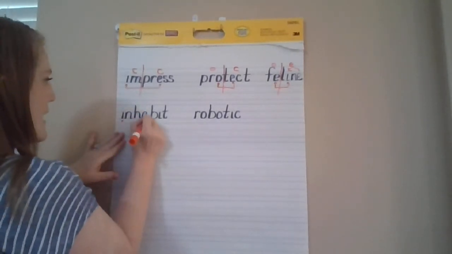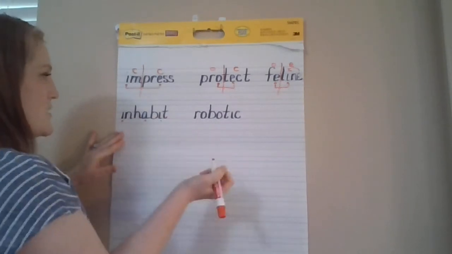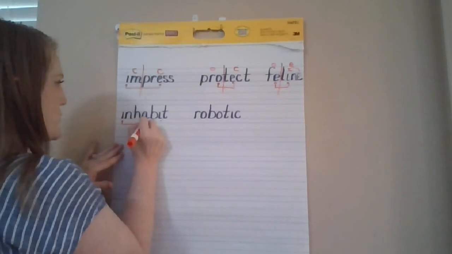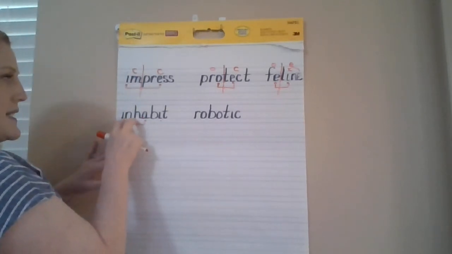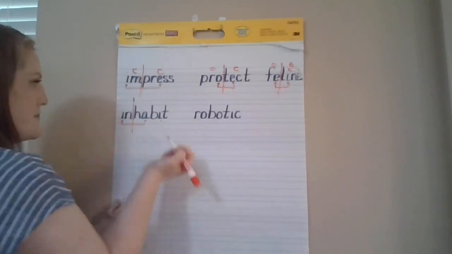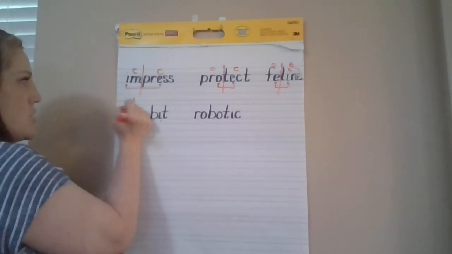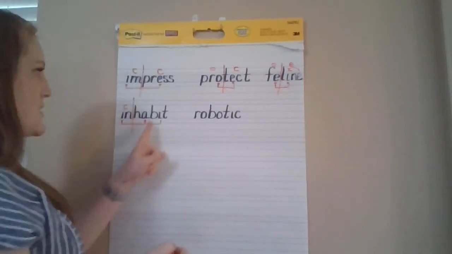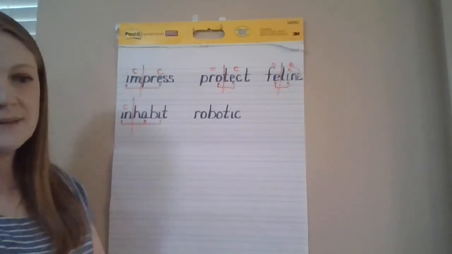I, A, I. Ooh, this one's going to have 3 syllables in it. Draw my bridge for my first one. Ooh, this is going to be an easy one. I've got 2 consonants that I can divide. That would make this a closed syllable. This one only has 1.